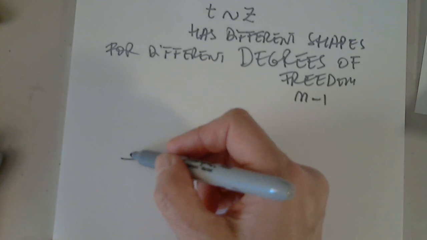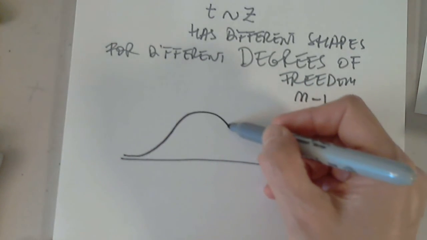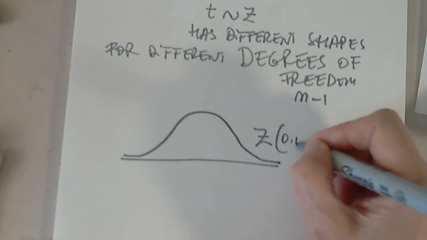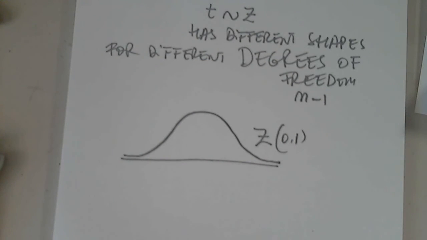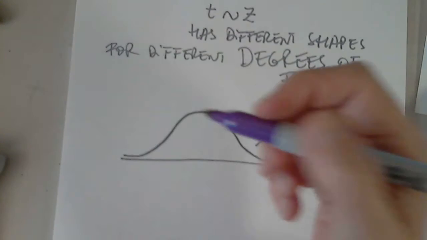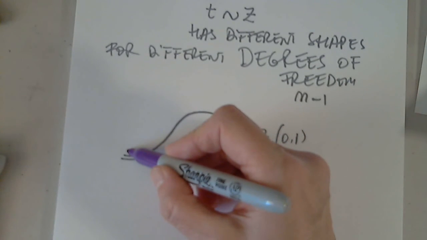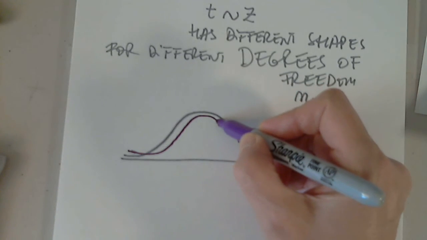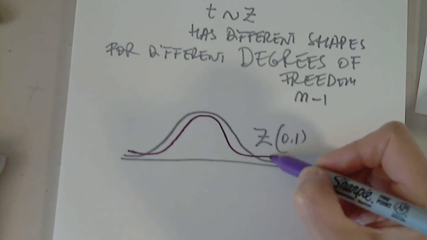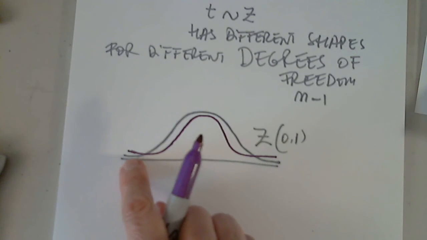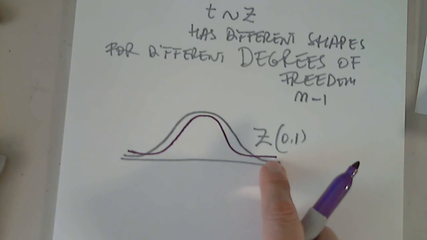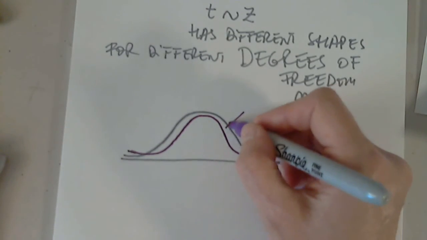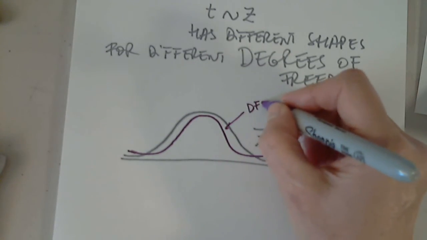So if this is the standard normal distribution, with 0, 1, then T may look like this with wider tails. Let's say this is for degrees of freedom 5.